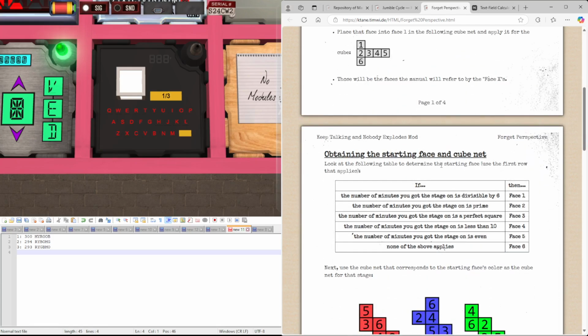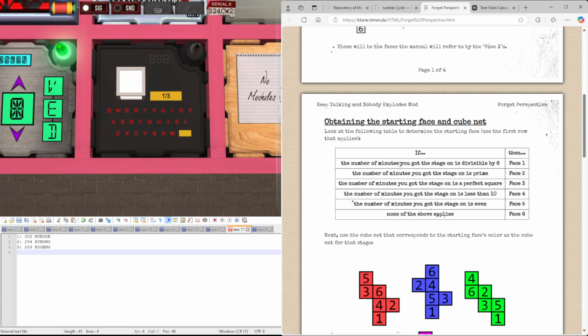Do the following table. How many minutes you got? If the number of minutes you got on stage is divided by 6, 300 is divided by 6. I think so, is next one down. Yeah, so we got MR and then 293.